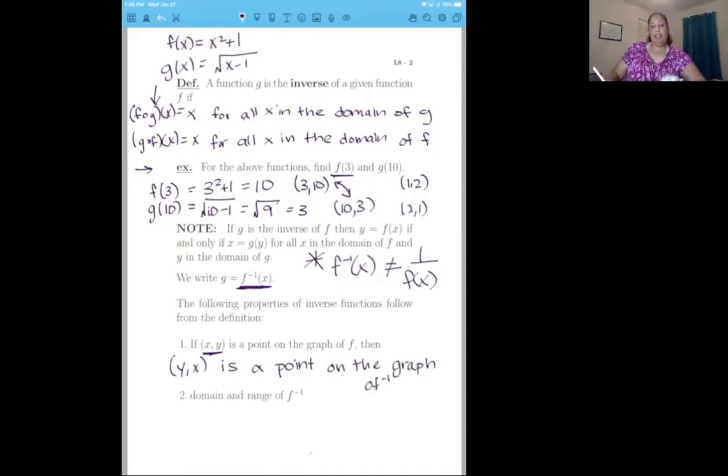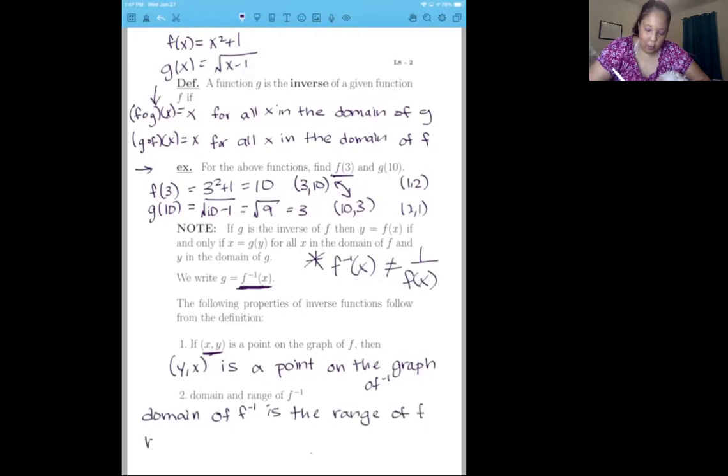So the domain of f is the range of f inverse, and the range of f is the domain of f inverse. So let's rewrite that. The domain of f inverse is the range of f, and the range of f inverse is the domain of f.